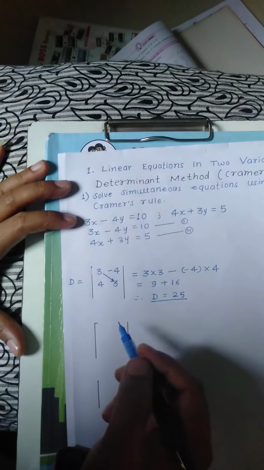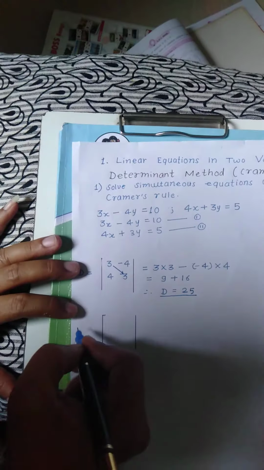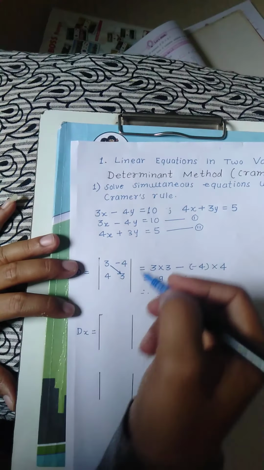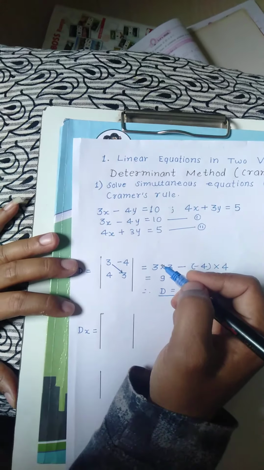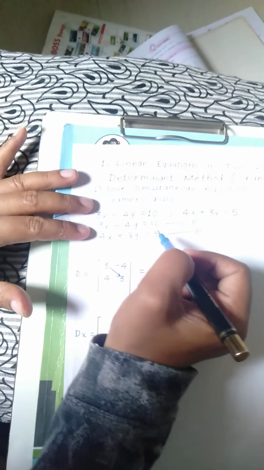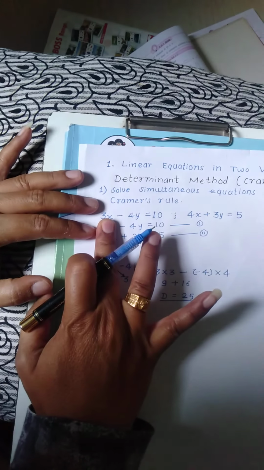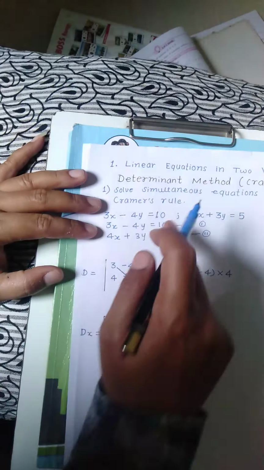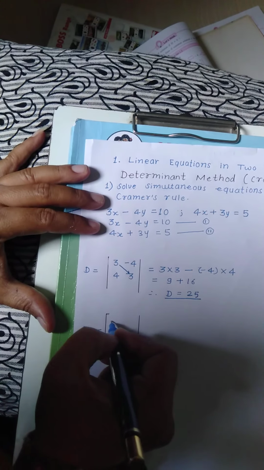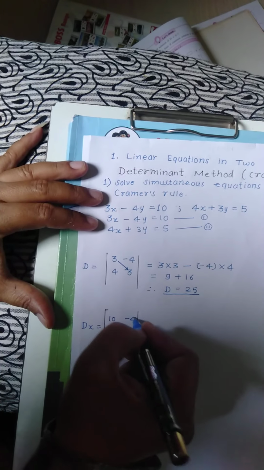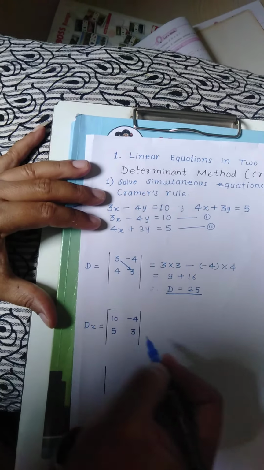Now another, that is Dx. To calculate Dx, here we take the coefficients of only y. Instead of x, we take the constants, so do not take the coefficient of x. Instead of this, we get the constants, that is 10 and 5. Here negative 4 and 3.